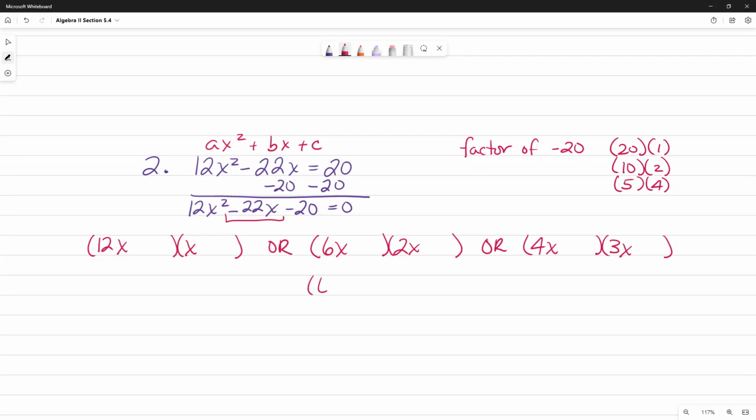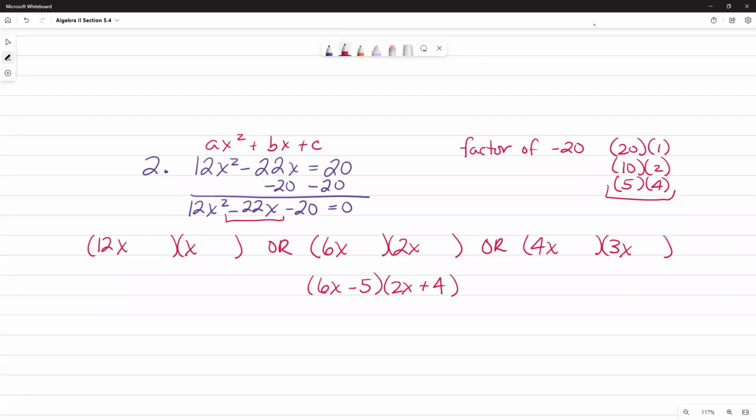So if I have 6x, let's see, and one of these has to be negative. So let's say I'm going to start with 6x minus 5 times 2x plus 4. I know that negative 5 times positive 4 gives me negative 20, and I know that 6x times 2x gives me 12x squared.